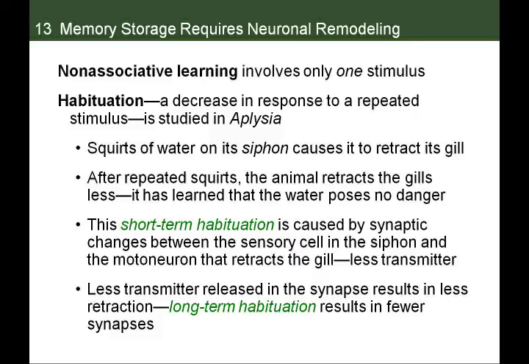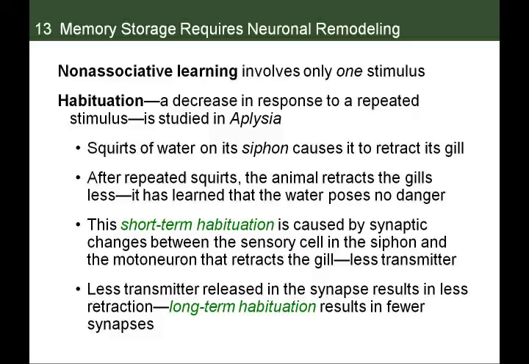Okay? Let me know if you're not seeing the link between that and what we're talking about, memory and learning. And there is what's called long-term habituation, where you have less neurotransmitter released in the synapse, you have less retraction, and you start to have fewer synapses between the sensory and the motor neurons. So these are more permanent changes.